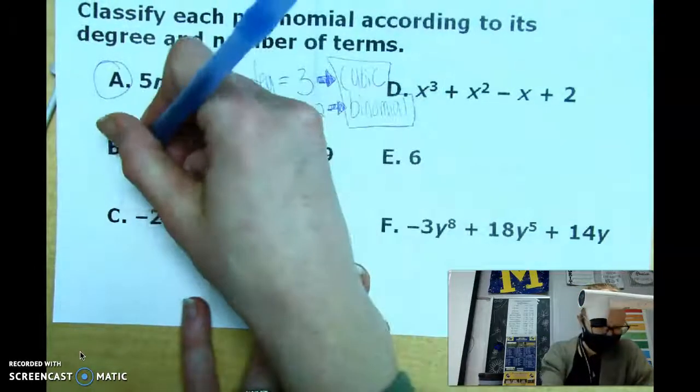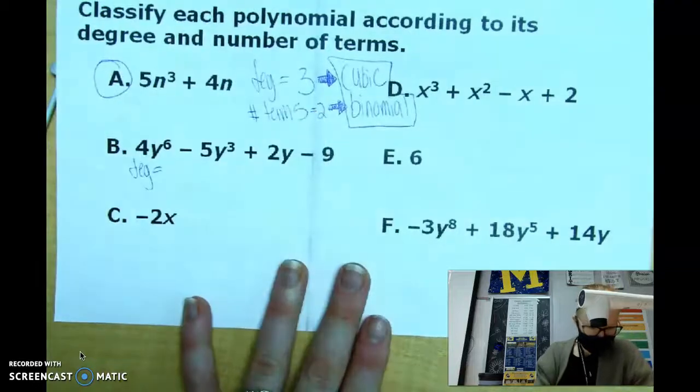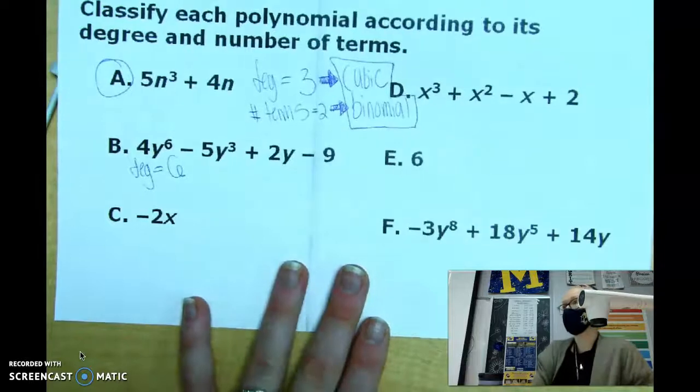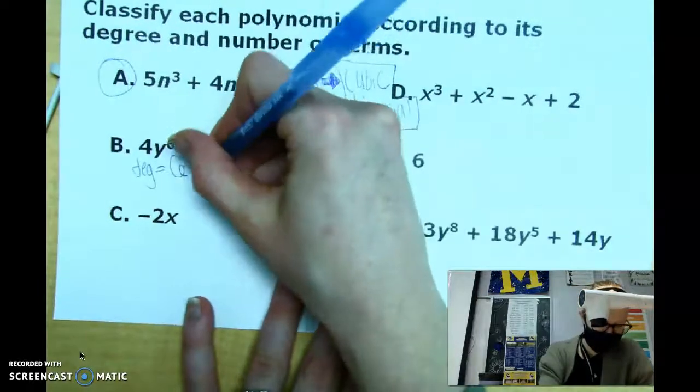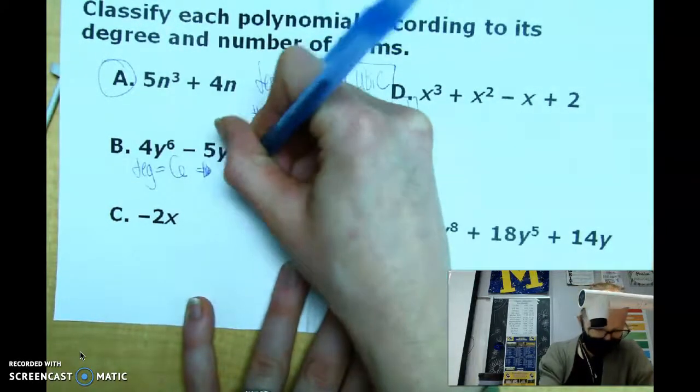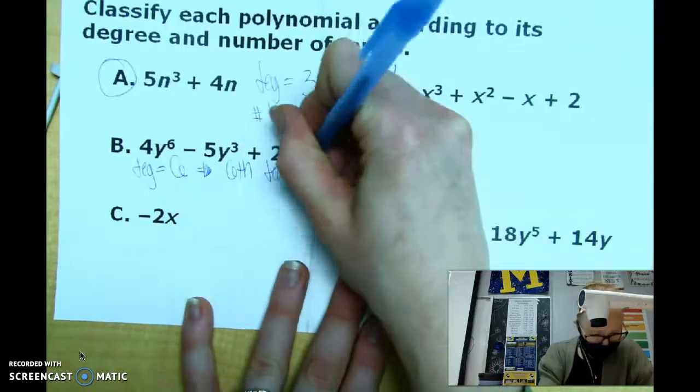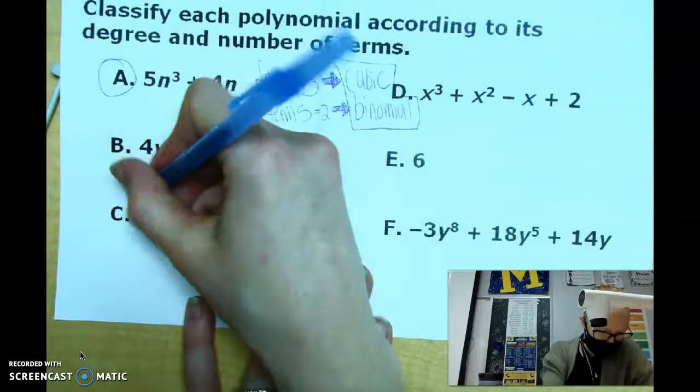So this next one, our degree is 6. And there really isn't a word once you get past 5, so you're just going to call this 6th degree. And then how many terms do I see?